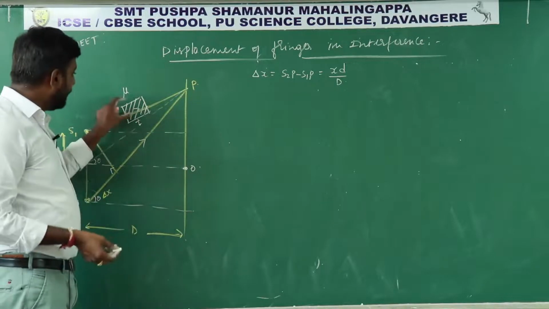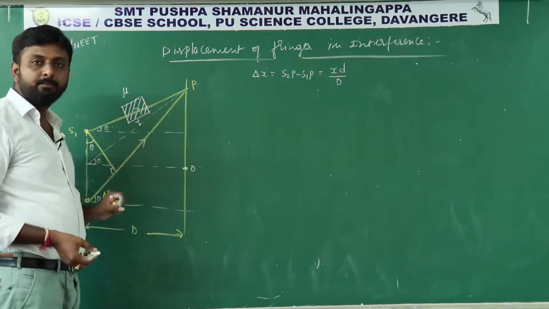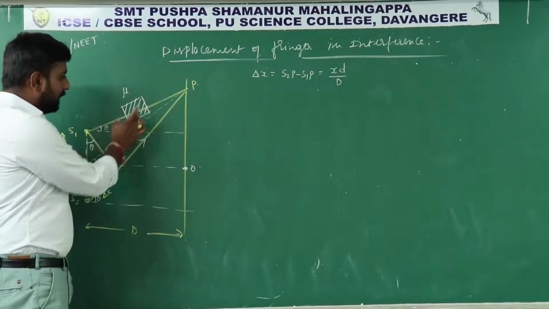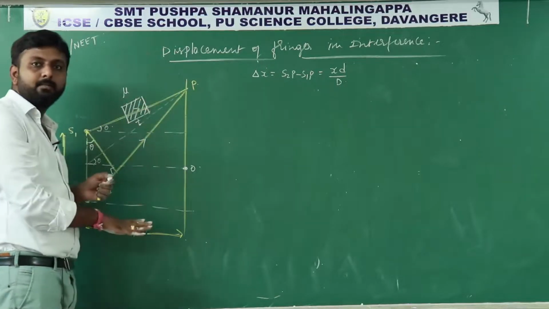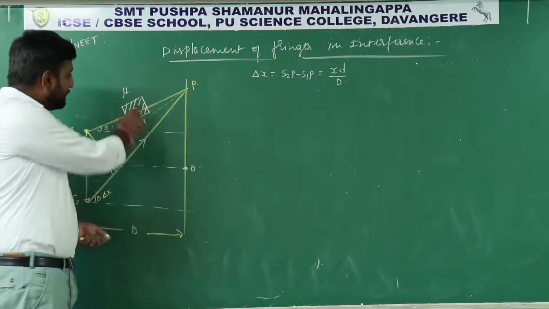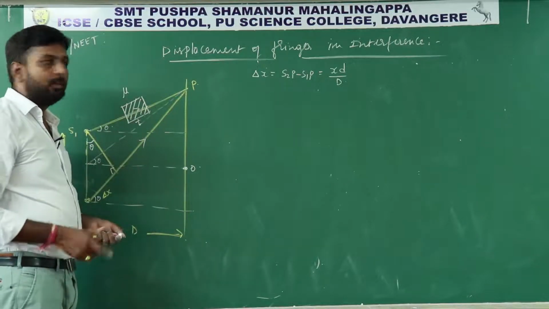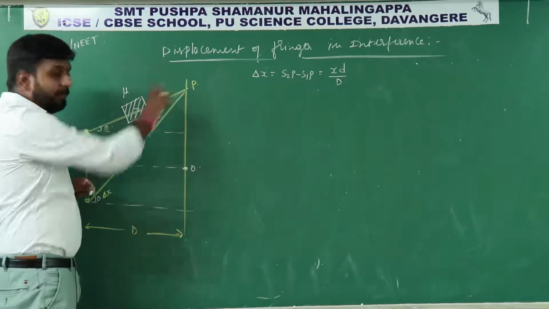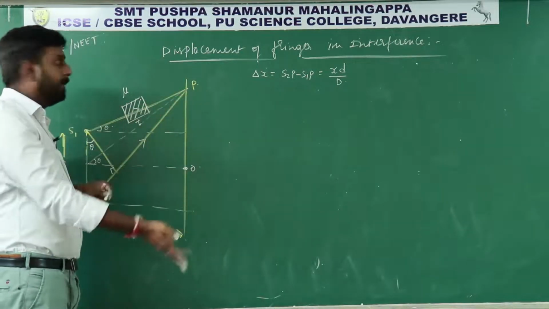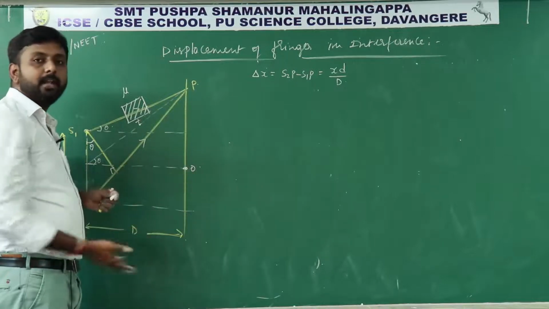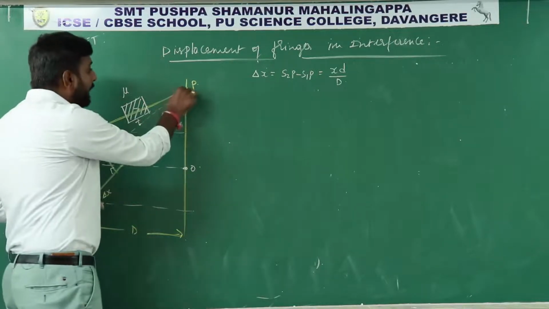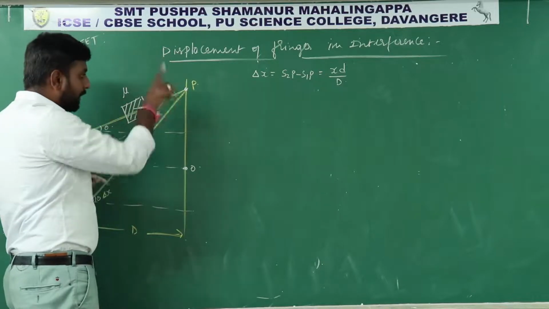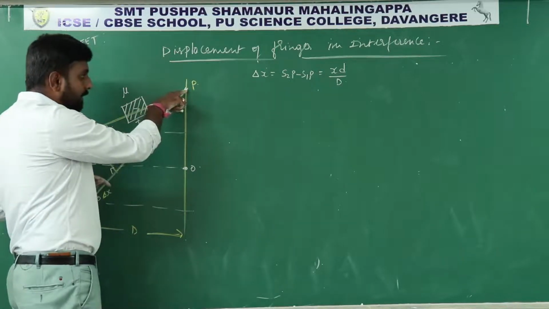Because of introducing this glass slab, the wave has to travel some distance in another medium, so the speed will decrease in this glass medium. Because of the delay, it will take some extra time to reach point P. Hence, before the glass slab the fringe would form here, right?